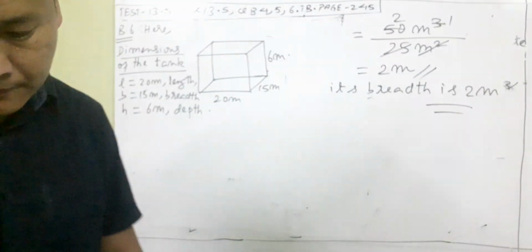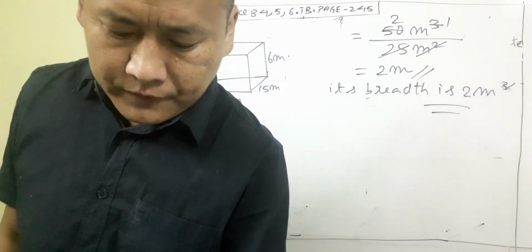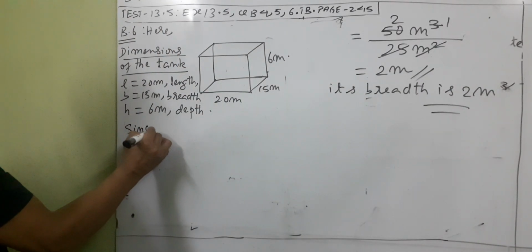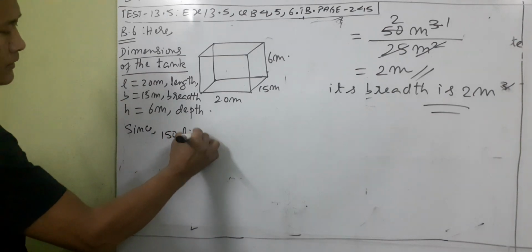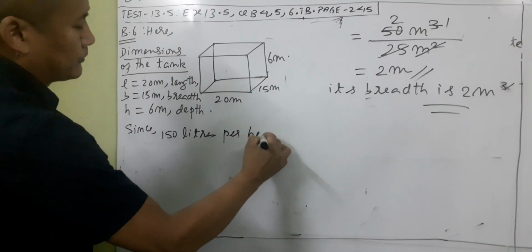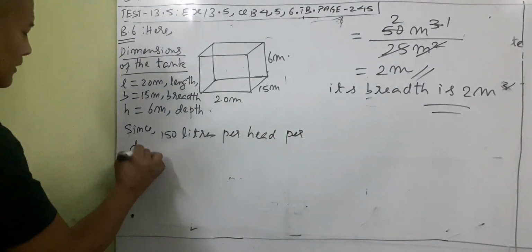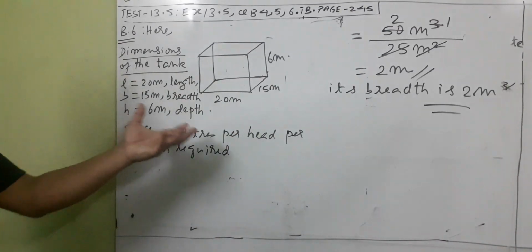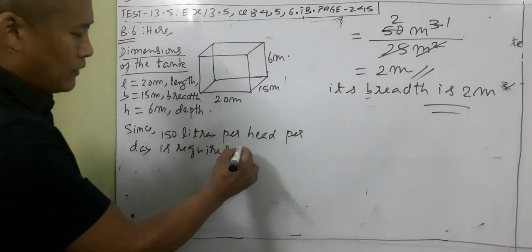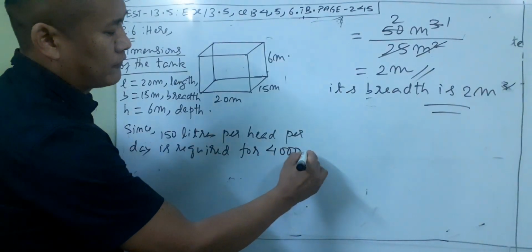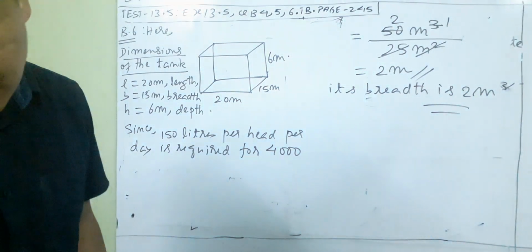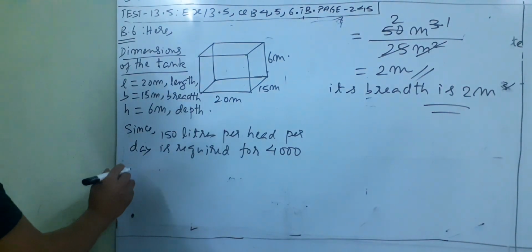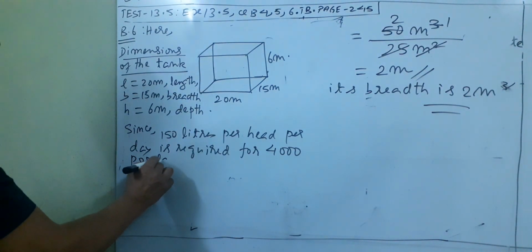There it says, let us read, 150 liters of water per head per day is required. 150 liters per person per day is required for 4,000 population, 4,000 people. 4,000 means the number of people, 4,000 population.